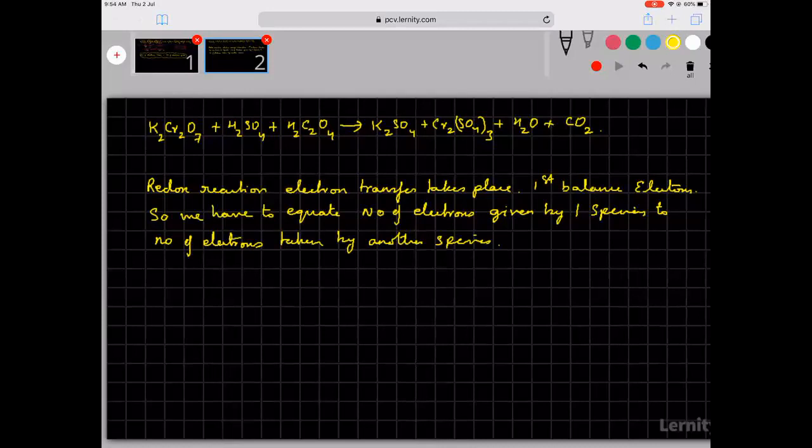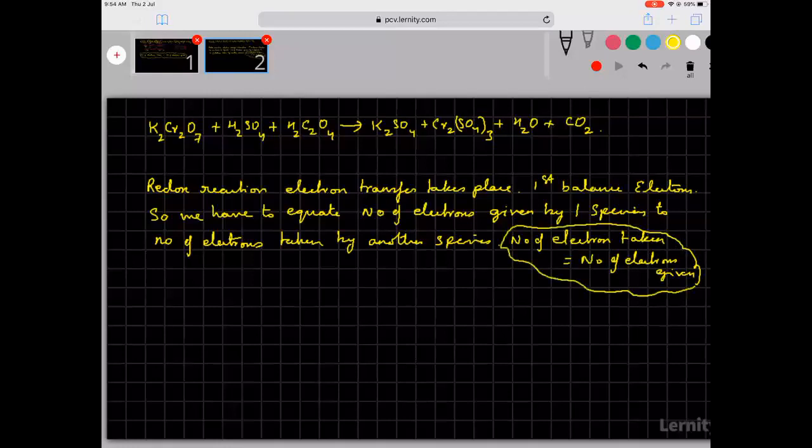And obviously common sense tells that the number of electrons taken is equal to the number of electrons given. The number of electrons taken cannot be different from the number of electrons given, right?